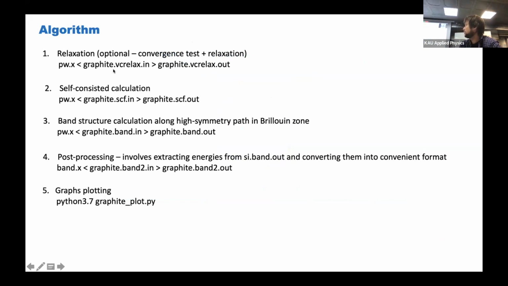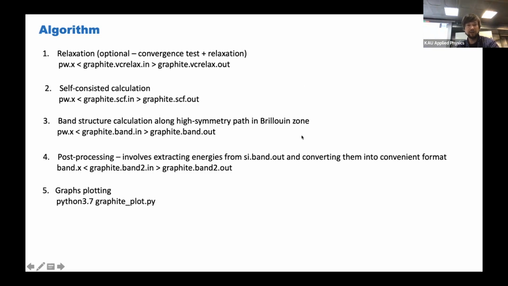It can be combined with the convergence test, and I recommend using the convergence test plus relaxation to get optimal parameters. But today we will not make the convergence test because it needs some time, and for today we have a lot of work.